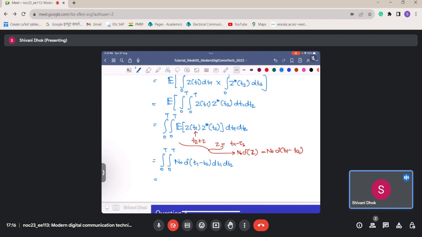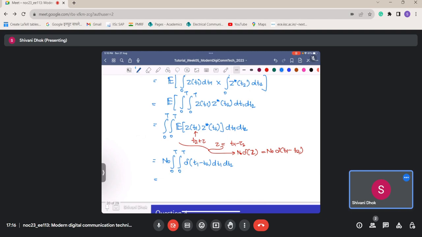This N naught is simply a constant, so I can take it out. And t1 and t2 both are ranging from 0 to t, which means that t1 minus t2 will be in a similar range.